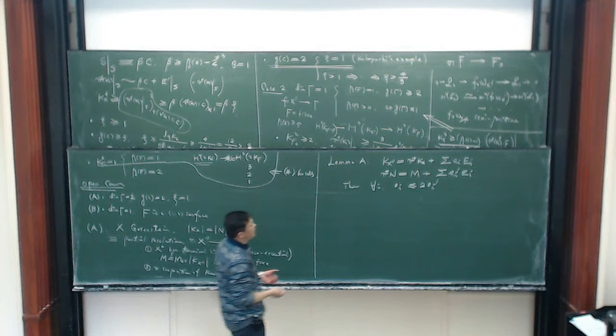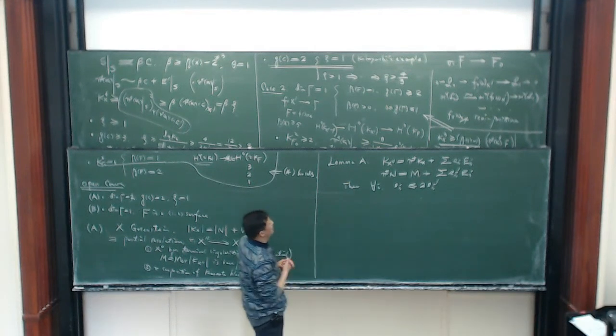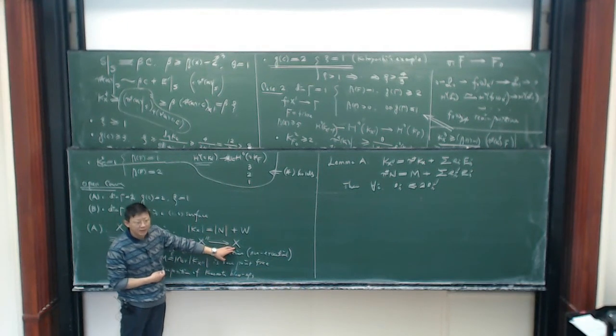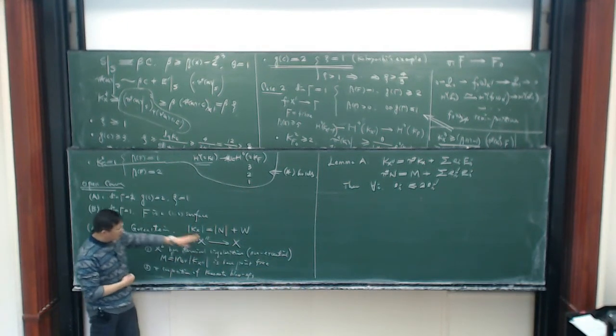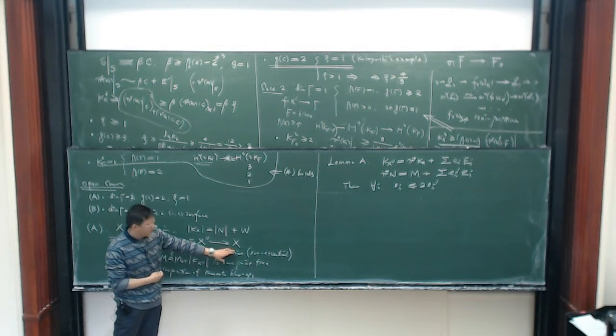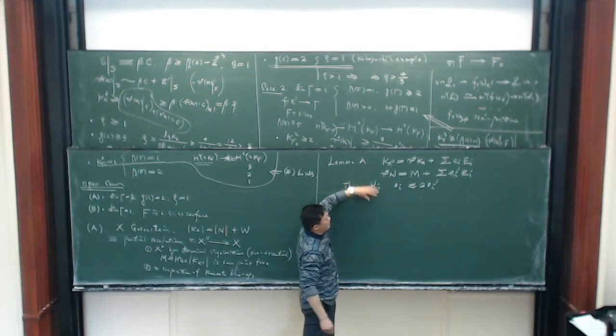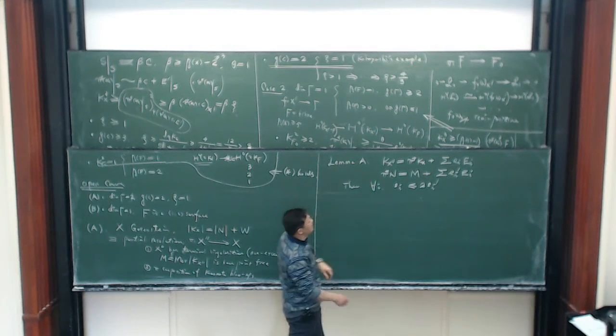But for a long time, I was not sure what happens if X has some terminal singularities. But now, if X has Gorenstein singularities, we can still have this. This is exactly what I need.